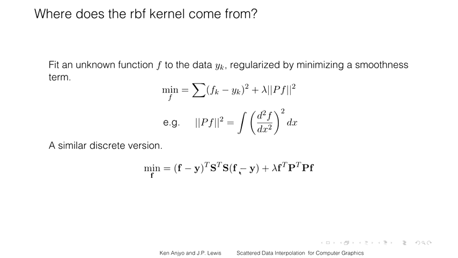So let's say that there are 3 known locations of data, and everywhere else it's unknown. We're going to express that with what I call a selection matrix. So this is a 3 by n matrix where the first row, it's all zeros except for there's a 1 at the location of the first known data point.